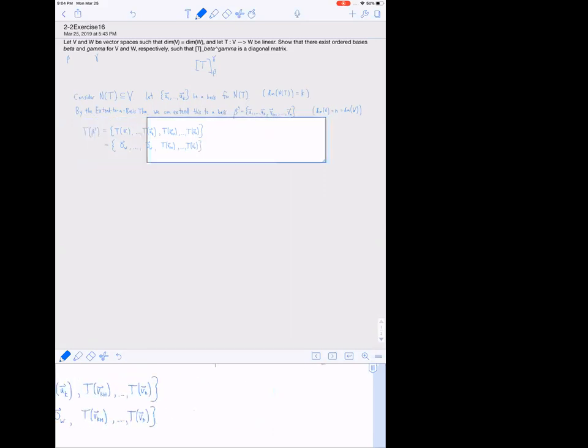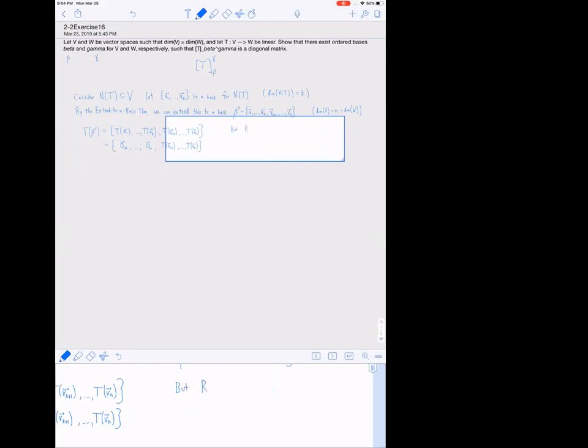But we still know that the range of T is equal to the span of T of beta prime.